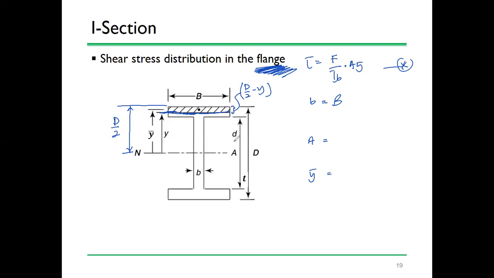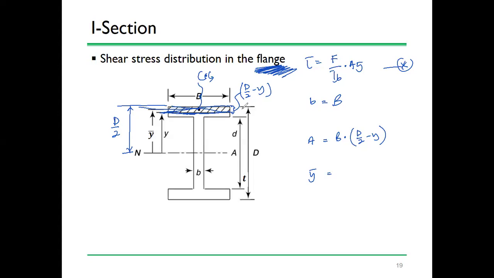So if you want the area, what do you think? The area above the point we are looking for is simply B times capital D over 2 minus y. What about y bar? Okay. If we draw a line here to locate our CG, then the distance from the CG to the neutral axis is the y bar.